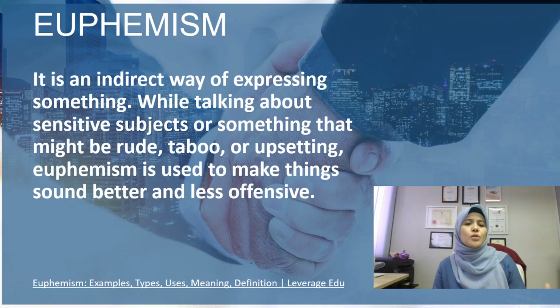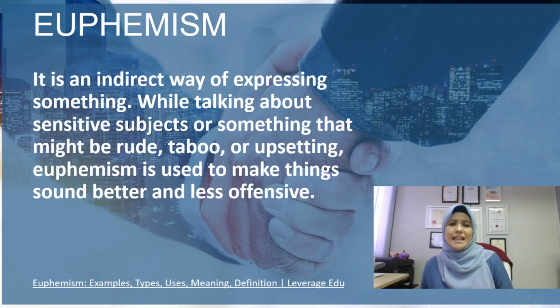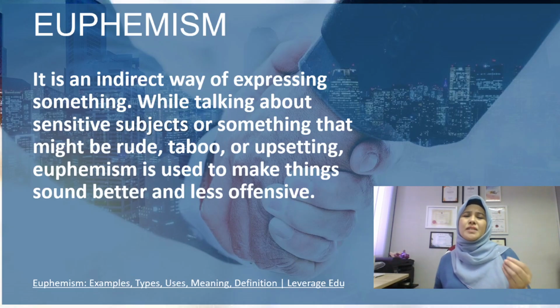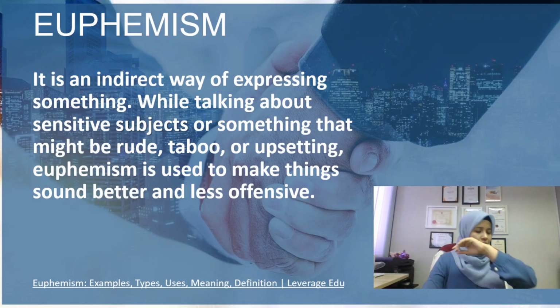So we use the words pass away. It sounds better than died. If you use a direct word, it might sound rude, or it might sound taboo or upsetting. So that's why we use euphemism in order to sound better and less offensive, but it's still the same meaning.